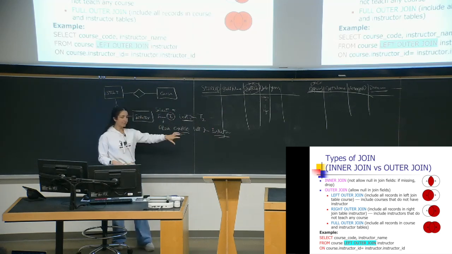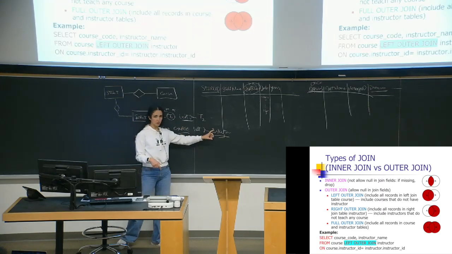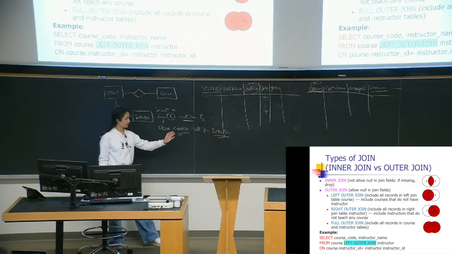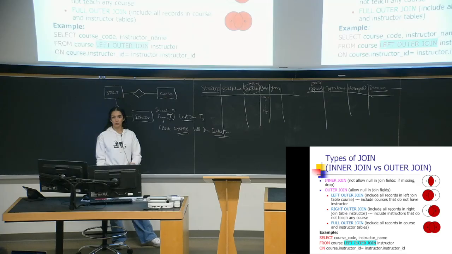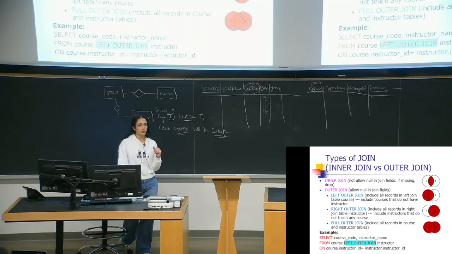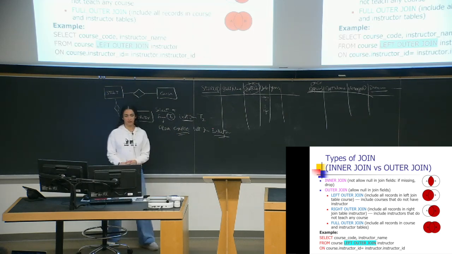So it means everything from the course table, right? Everything from this table, even if there is no corresponding value in the other table. That is, even if there are nulls, for example, for this value here. That means even if you have a course without instructor, okay? So if I'm asking you finding, for example, all the courses, even if there are no instructors, right? Then you know that you have to use left join using course left join instructor.